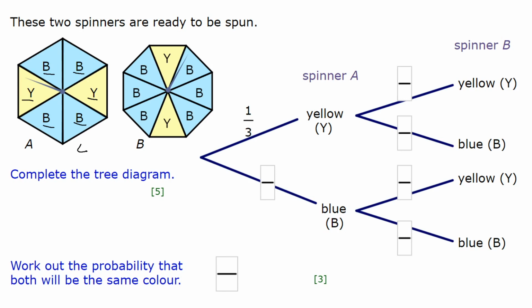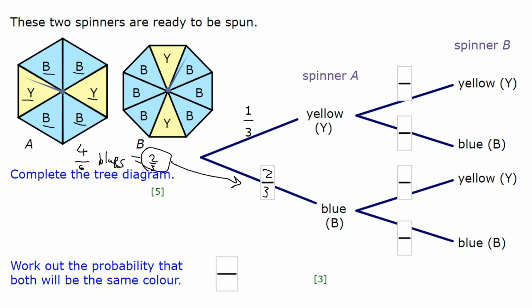There are 4 out of 6 blues, which is equal to 2 in 3, okay? That's how we put 2 and 3 into the tree diagram.